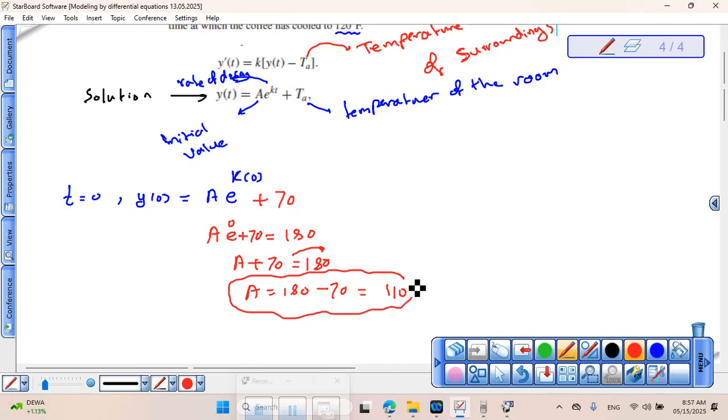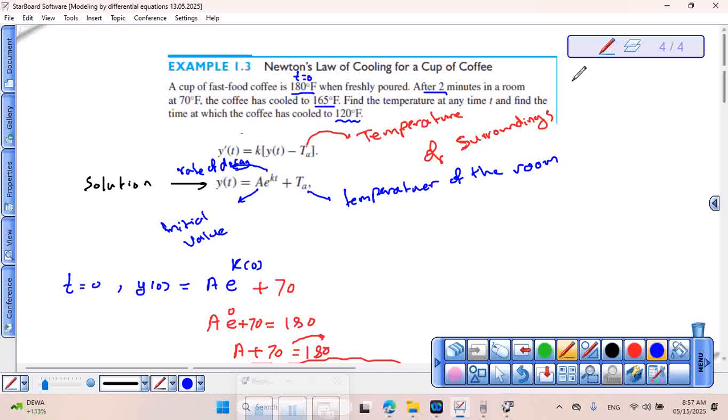Now, after 2 minutes, t equals 2, this is in the given information. Reading the question again: after 2 minutes in a room at 70 Fahrenheit, the coffee has cooled to 165.